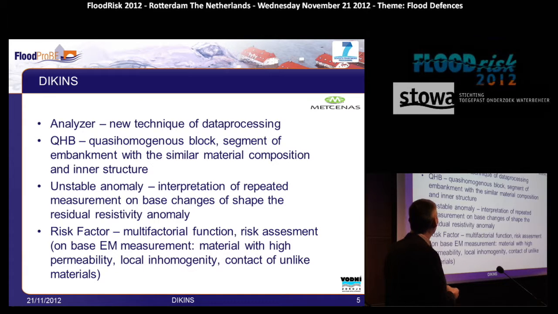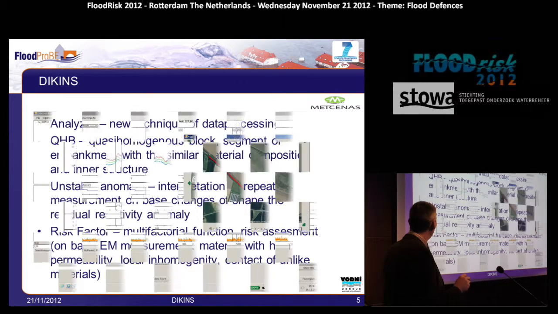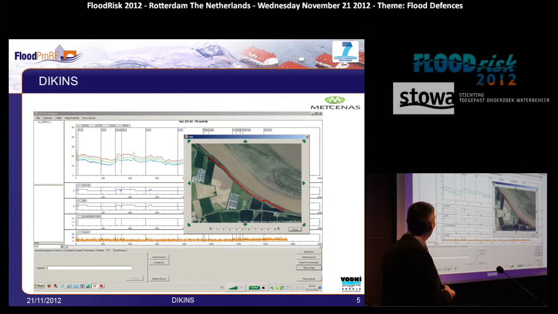First is Analyzer, which we use for the data processing of EM measurement. There is some new type of information. We define quasi-homogeneous blocks and unstable anomalies on the basis of interpretation of repeated measurement, and we also try to prepare a function which describes risk assessment of the embankment together with visual inspection and so on.